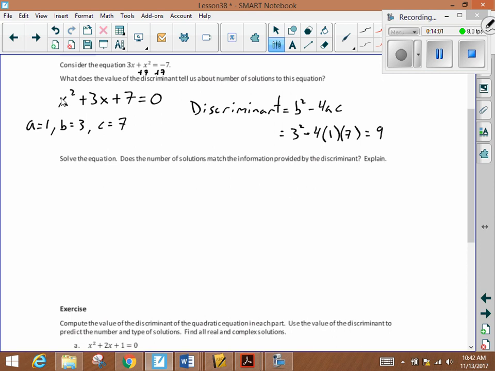So that's 9 minus 28, which is negative 19. What does that discriminant tell us about the number of solutions to this equation? It tells me there will be 2 complex solutions.